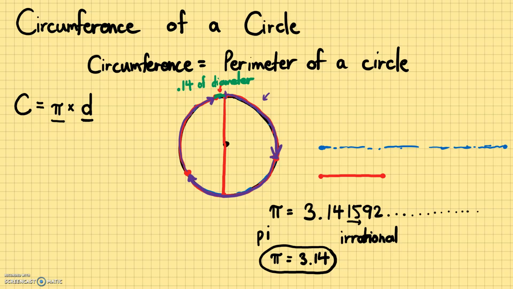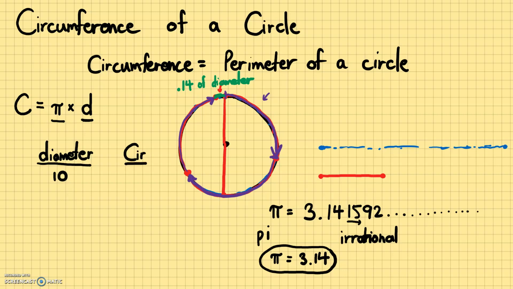So now let's try a few calculations to find the circumference. If the diameter of the circle is 10, what would the circumference be?